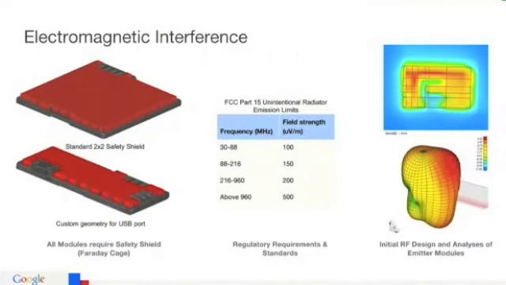So the next slide is electromagnetic interference, EMI. Ultimately, here we want to ensure that modules don't interfere with one another. Right? And we have several approaches to this challenge. The first is that the MDK specification requires all modules to have a safety shield to cover essentially all the electrically active components on the PCB.